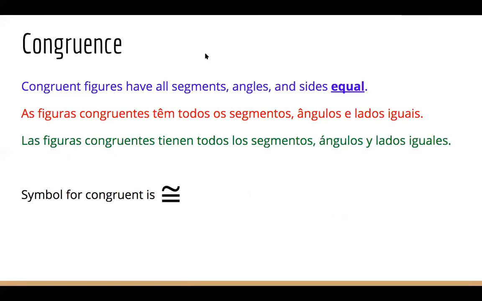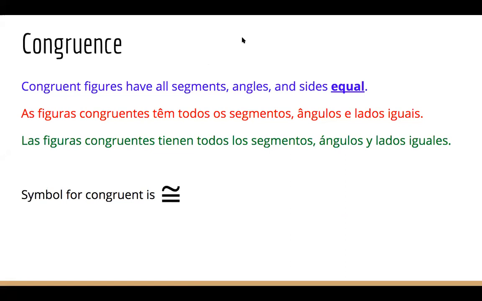Congruence. What is congruence? Congruence is a fancy word to say something is exactly the same. If the shape and size are the same, then it's congruent.